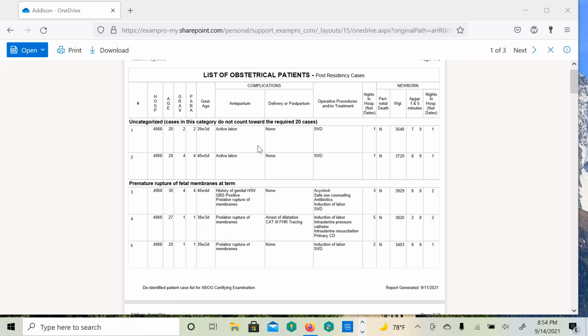Most of the C-sections were mainly just the arrest of labor after dilation, and I'm sorry, I'm really blanking out. Okay, that's fine.